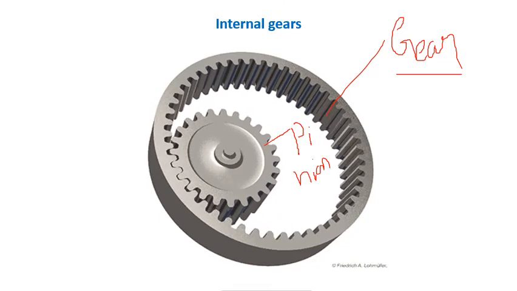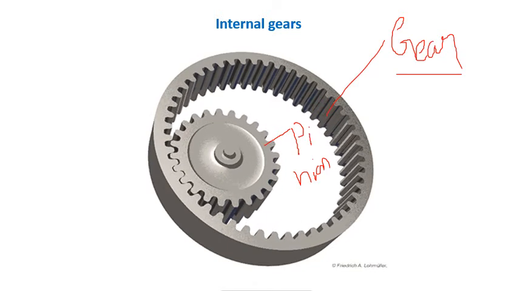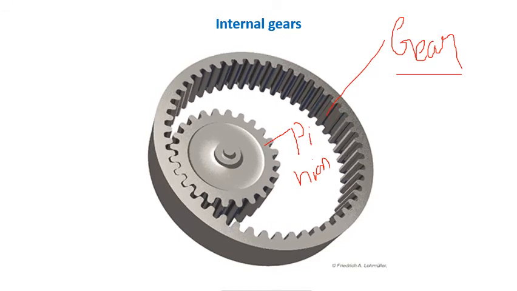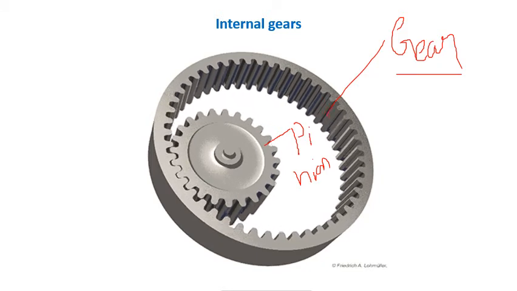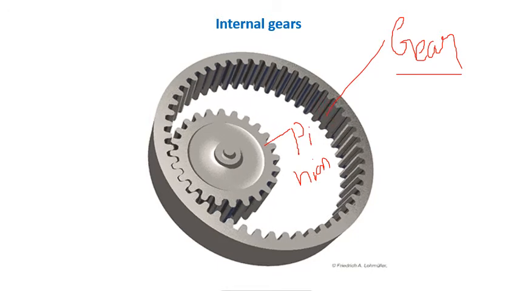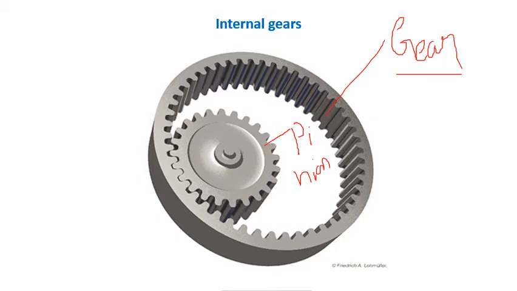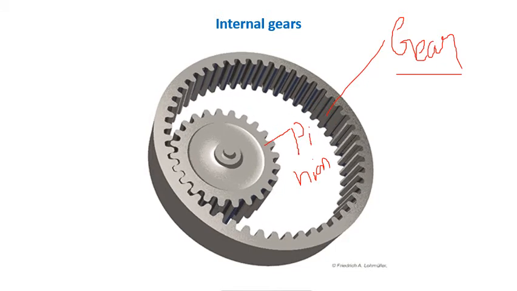So whatever different types of gears we have discussed till now, they are external gears, having teeth on their periphery or external surfaces, but internal gears have teeth on their inner surface, which may be a spur gear or a helical gear, etc. And it is important to note that in internal gears both wheels rotate in the same direction.